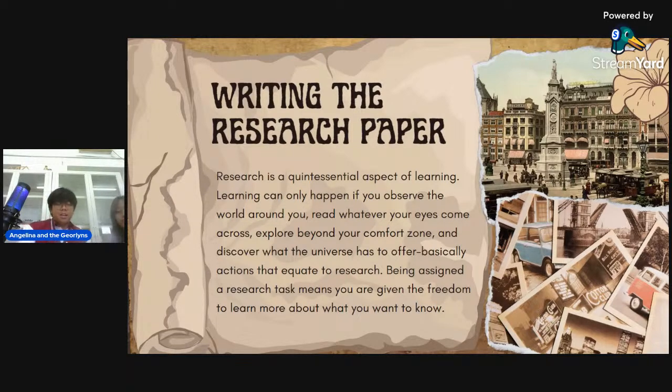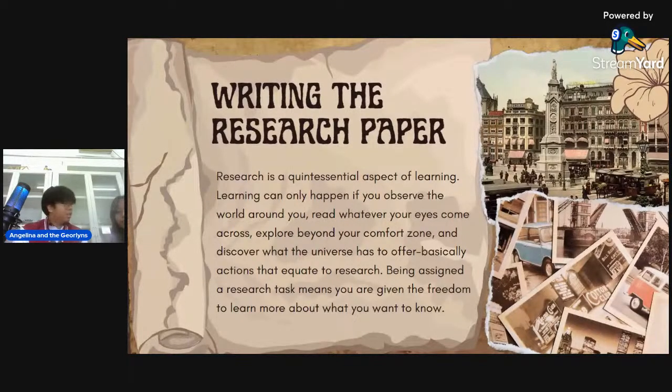Being assigned a research task means that you are given a freedom to learn more about what you want to know. So basically, writing a research paper is exploring what you want to know and digging deeper into the topic that you want to know.